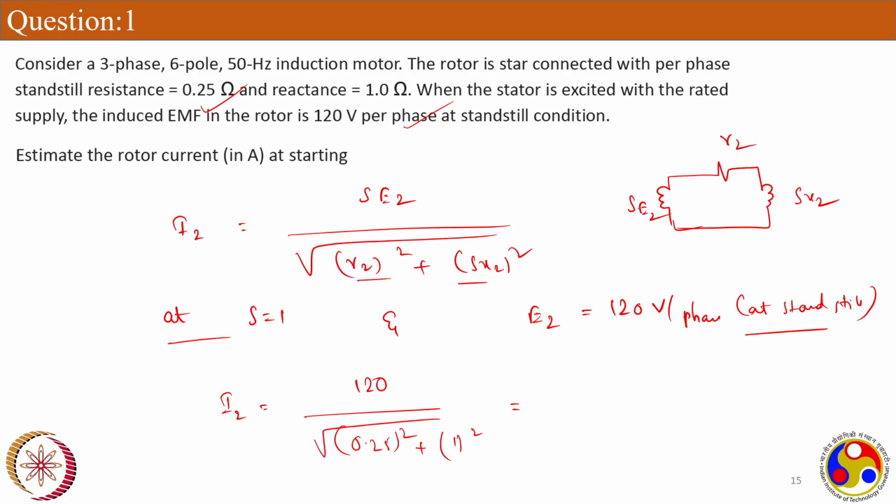It will be around, you verify it, 116.417 amps. So this is the rotor current at the starting condition at the given standstill values. We did nothing. We just know the formula for the rotor current at any slip condition, and we have just substituted the values.